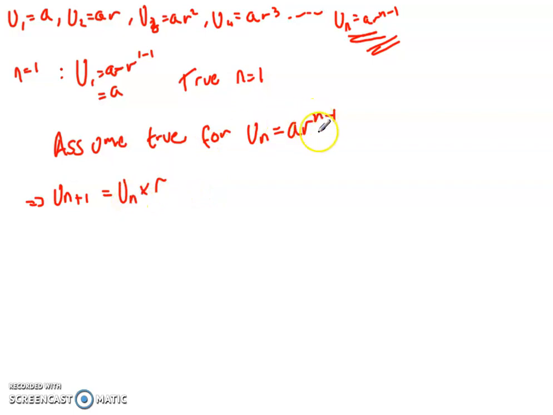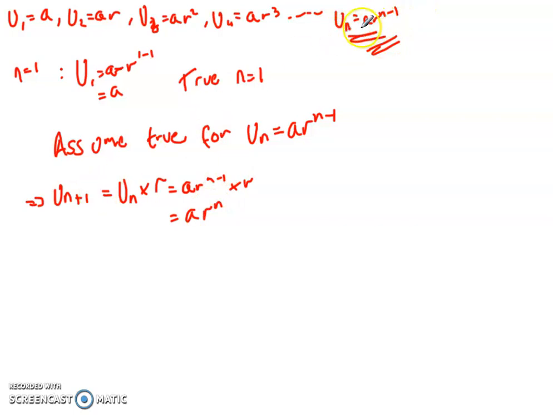I know that u_n is given by ar^(n-1), so that's ar^(n-1) times r to the power of 1. If I simplify that, I get ar^n. Well, that is exactly the same format as this.